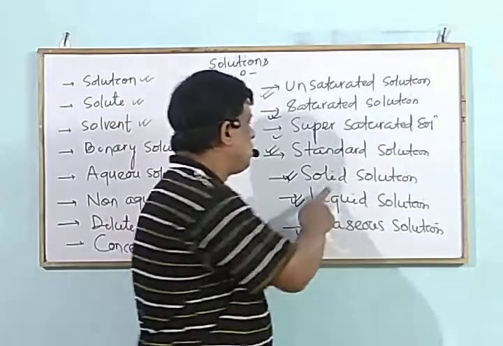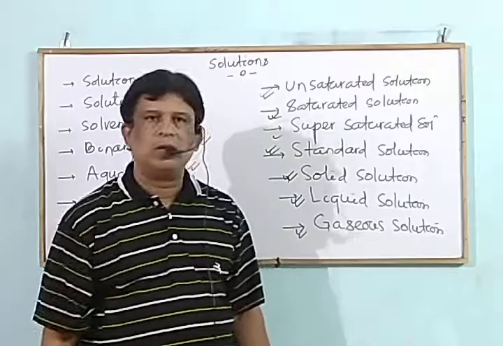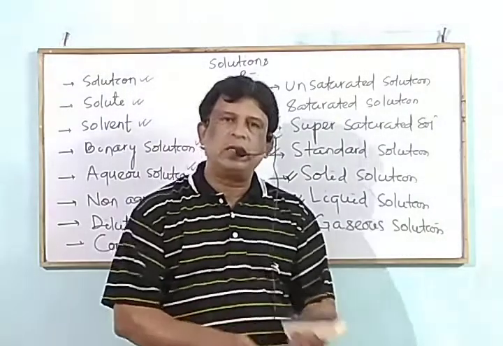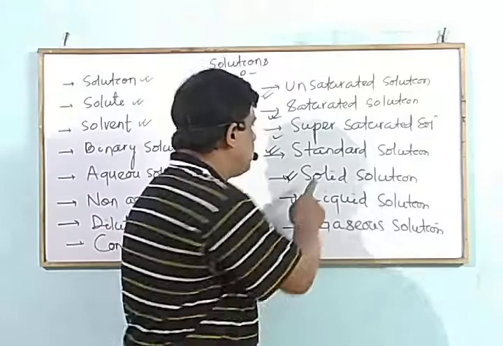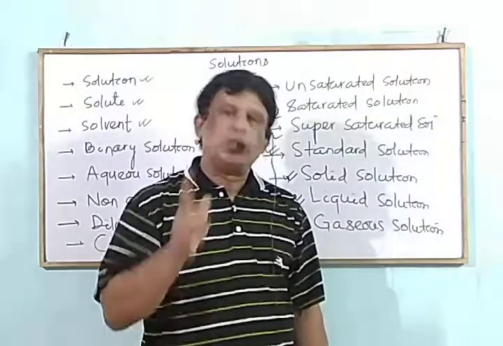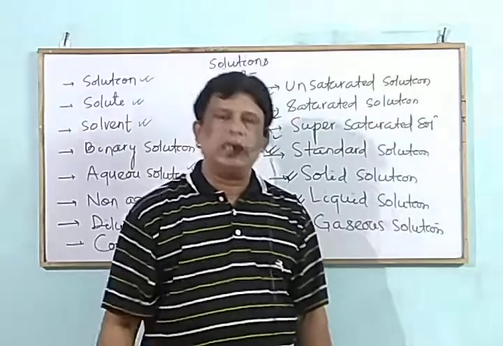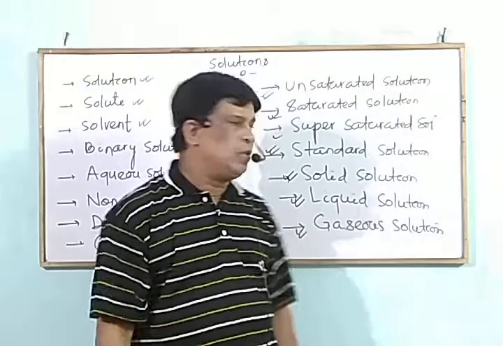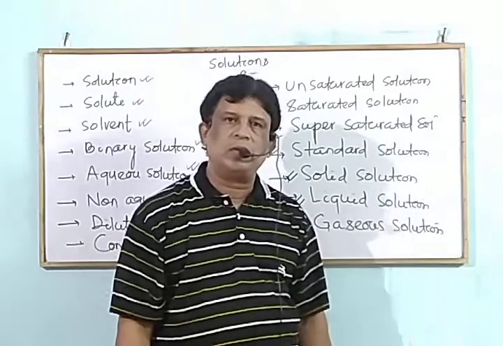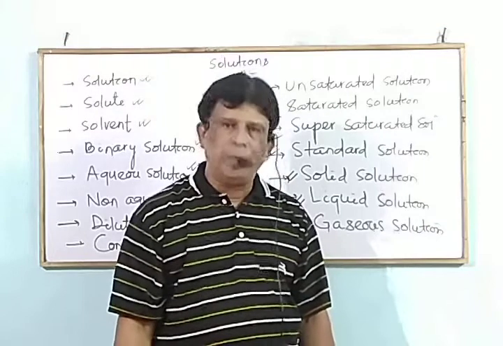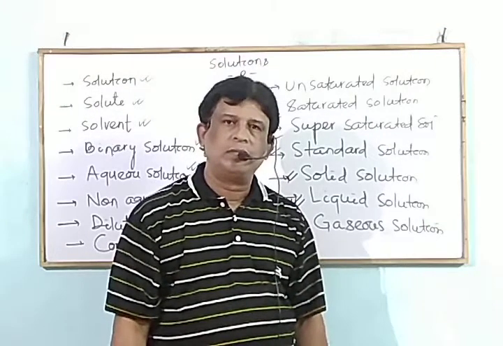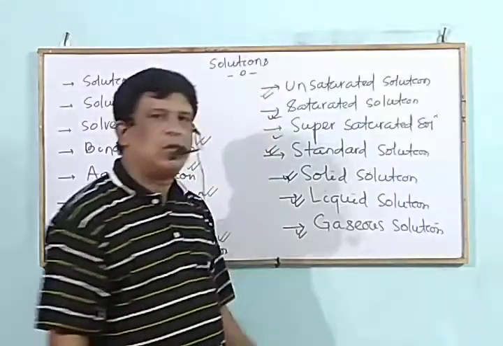So first, what is a solid solution? A solution in which the solvent is solid, while the solute may be solid, liquid or gas, is known as a solid solution. A suitable example is amalgam. Next is liquid solution.